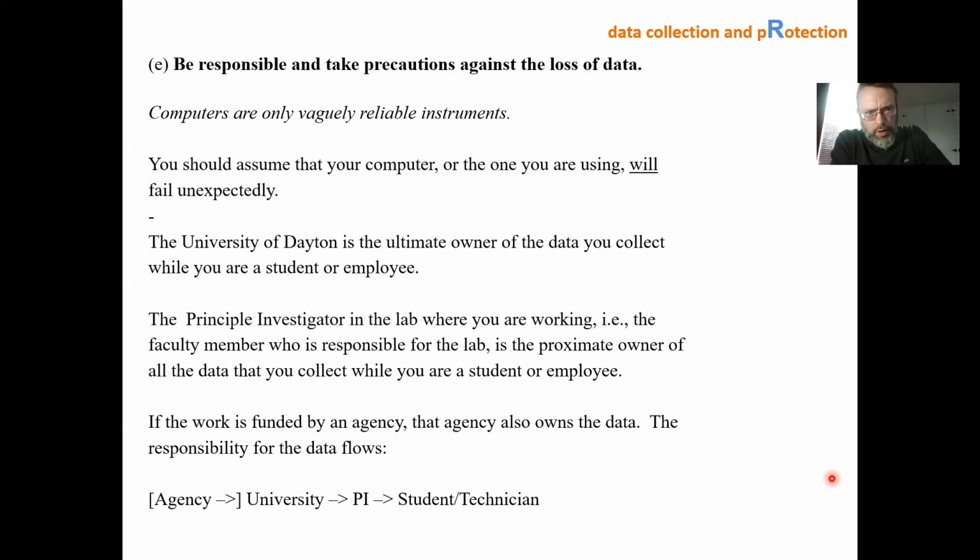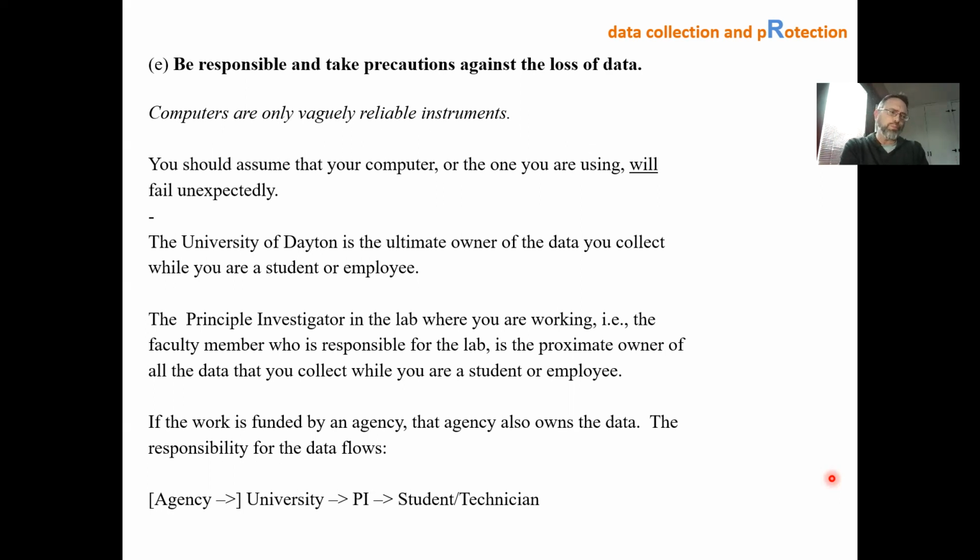Somebody spilled their coffee into the keyboard, and you can't have vulnerability in your thesis project based on whether your computer works or not. What if you drop it down the stairs? This stuff happens because we're fallible and computers can break. So you have to take precautions against the loss of data.